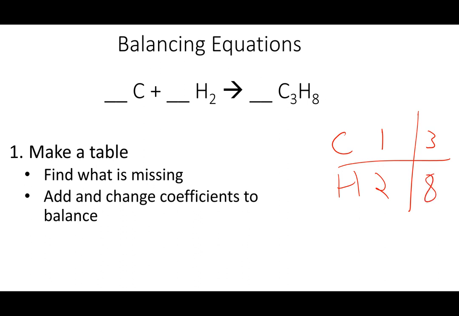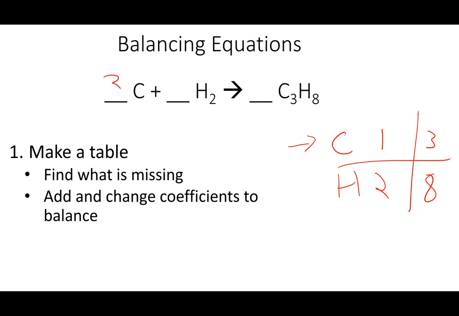Now, I want these numbers of C's and H's to be equal on both sides. So let's just pick a place to start. Let's start with C. I see what is missing. I see that I need three C's, but I only have one on the left side. So I'm going to add and change coefficients to balance.